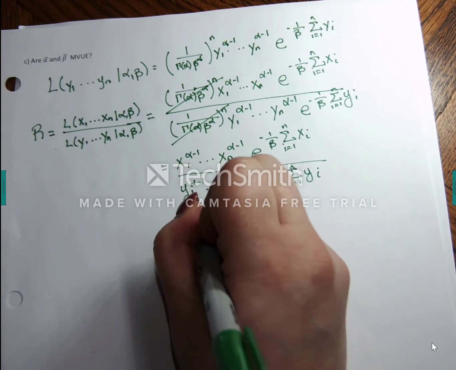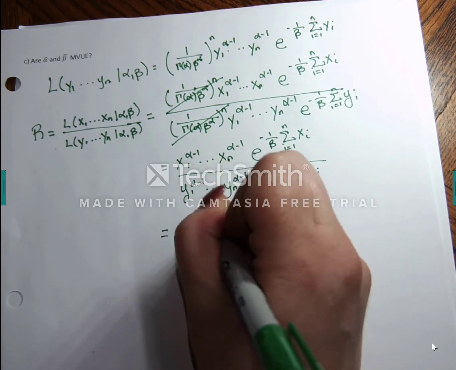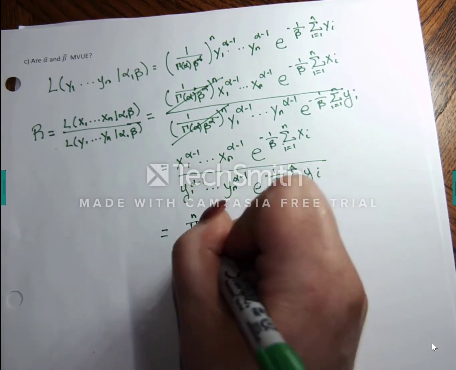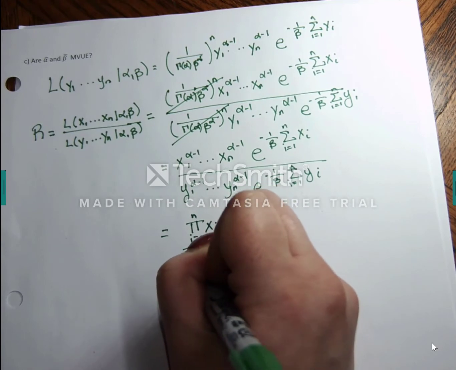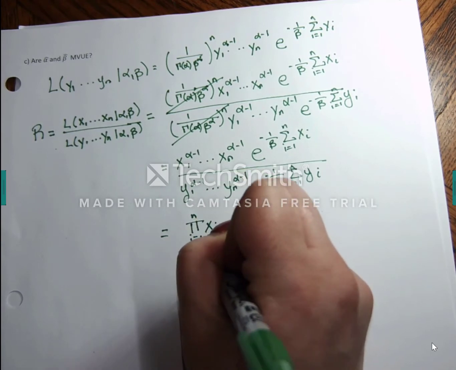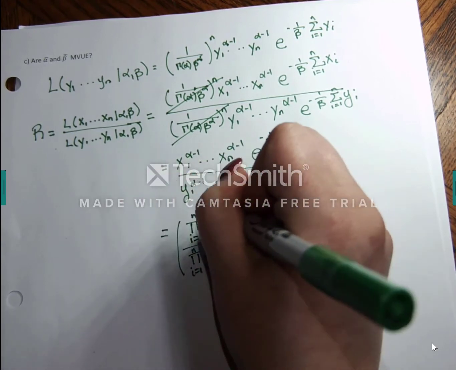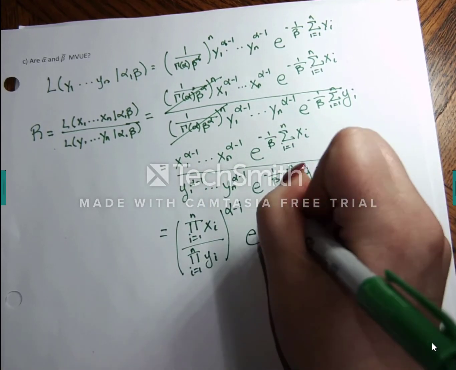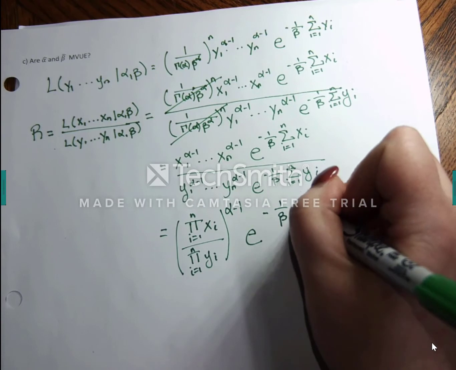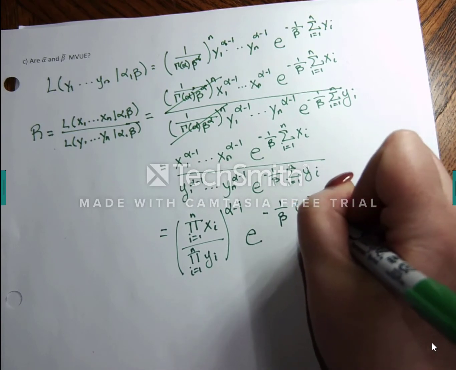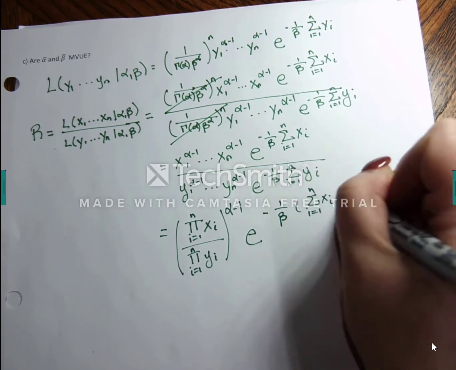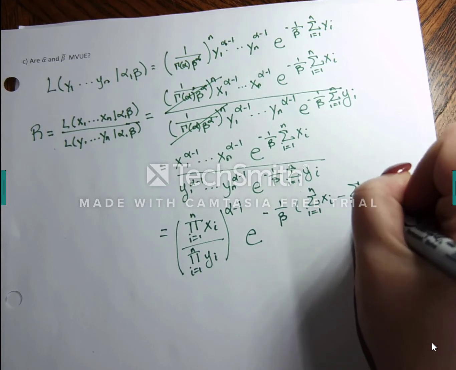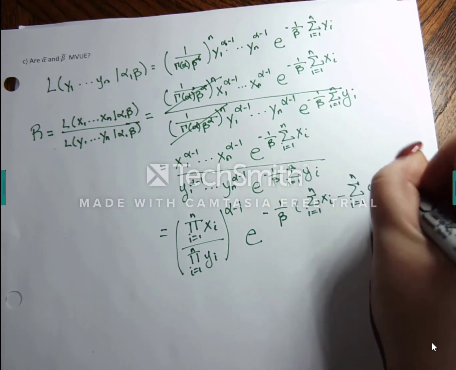Notice this is going to be equal to the product i equals 1 to n xi divided by the product i equals 1 to n yi, all to the alpha minus 1, e to the negative 1 over beta, times the sum i equals 1 to n xi minus the sum i equals 1 to n yi.